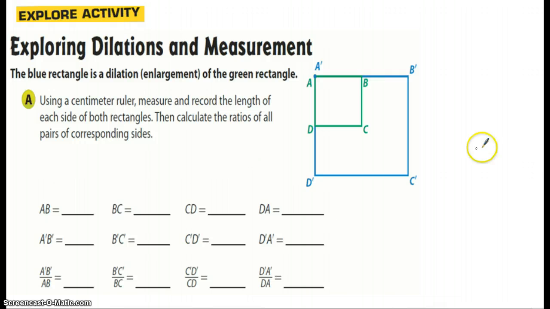Now once you've completed that, you want to take your ratios. Let's make sure we do this one more time. You want to take your new over your preimage, or your original. That's what you want to do as far as your ratio. And complete your ratios. All right.